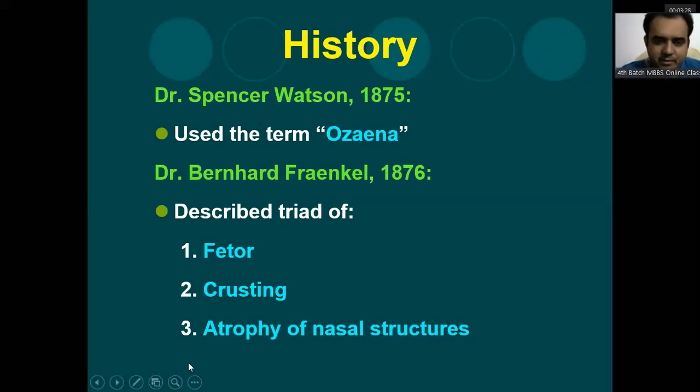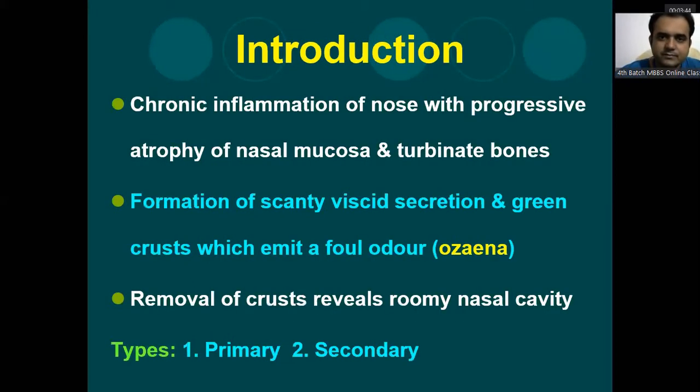And as MBBS doctors, when you're posted at your own places, you should be able to diagnose this patient and treat them. If you know a few characteristics and clinical features, it is very easy to diagnose. So introduction. It is chronic inflammation of the nose with progressive atrophy of nasal mucosa and turbinate bones.